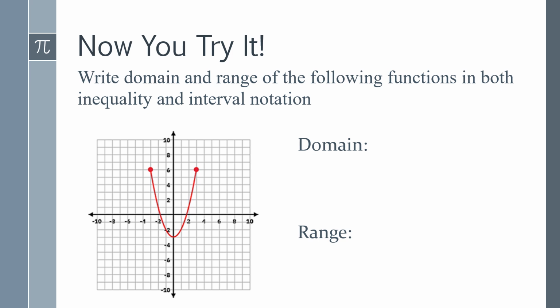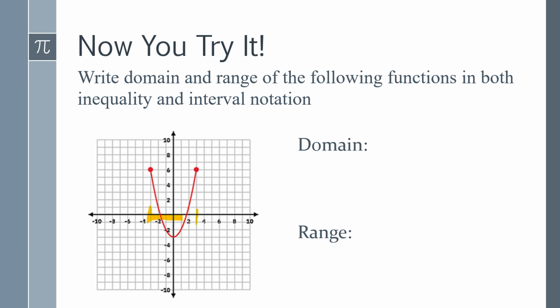Okay, so let's talk about the domain. So the domain is always the x values, right? So over here we start at this point right here, at negative 3, and we are going to positive 3.